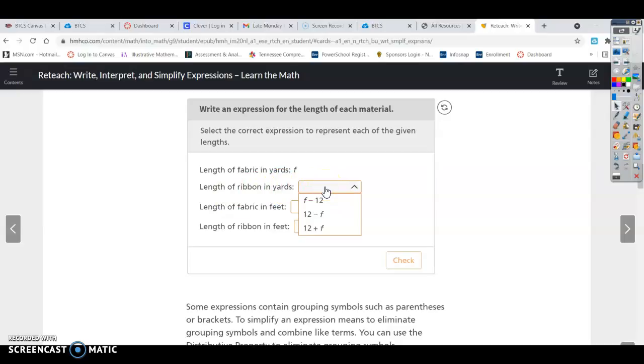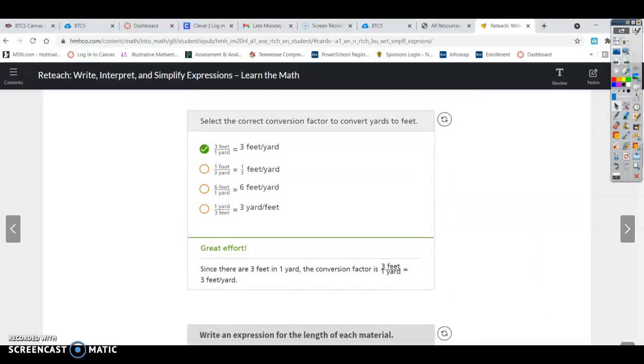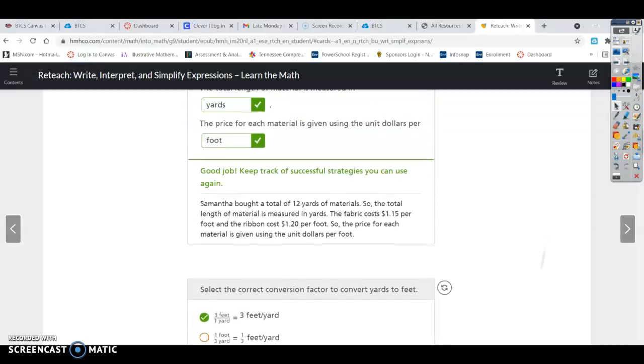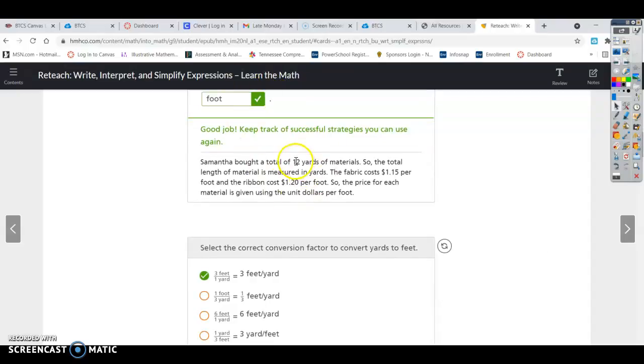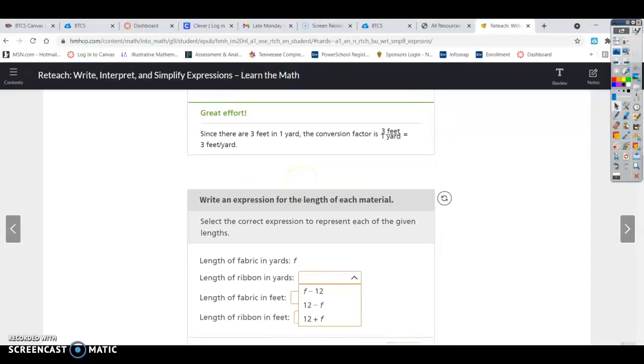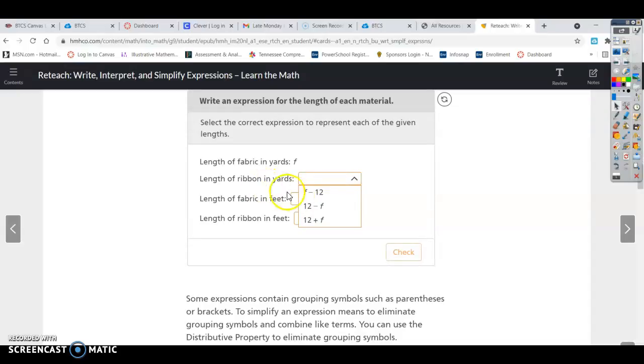We're looking at the length in yards, and if you look up above, it says that she got a total of 12 yards. So we're going to do 12 yards minus F, because it says the length in yards, F.